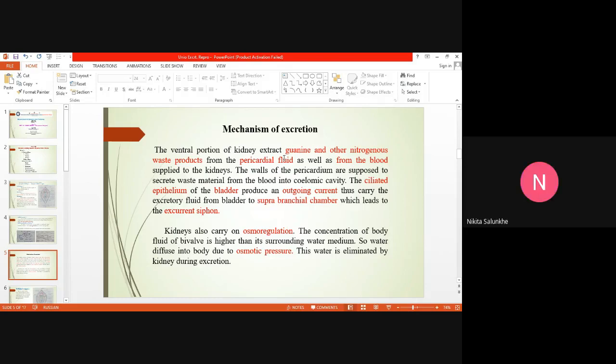In freshwater animals, the osmotic pressure in their body is high. The concentration of body fluids is high. Higher than the surrounding medium, isn't it? Yes. So what happens here?